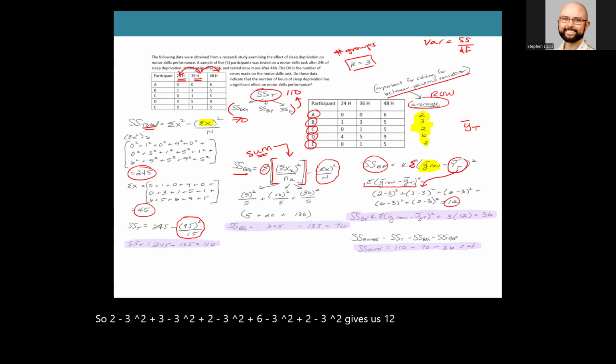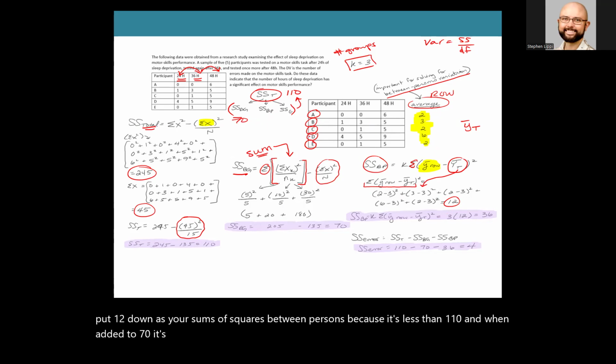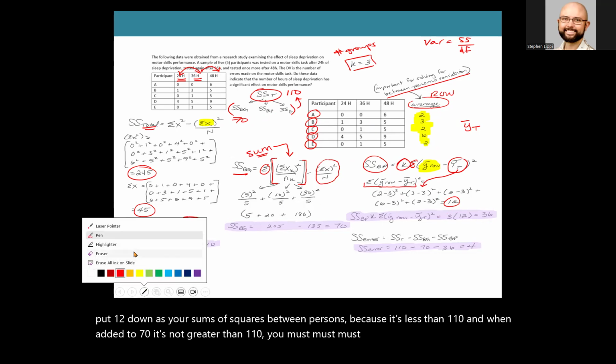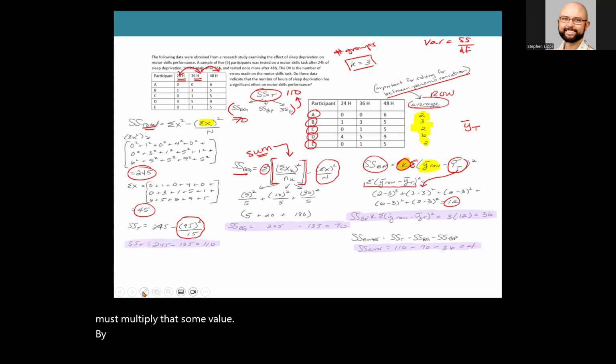Now, before you go and put 12 down as your sums of squares between persons, because it's less than 110, and when added to 70, it's not greater than 110, you must multiply that sum value by k. The reason why we multiply it by k is because we have 3 conditions.